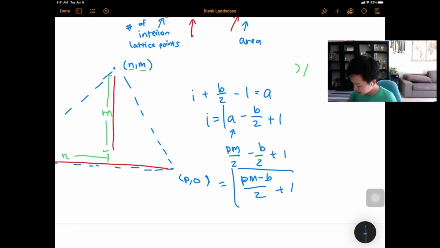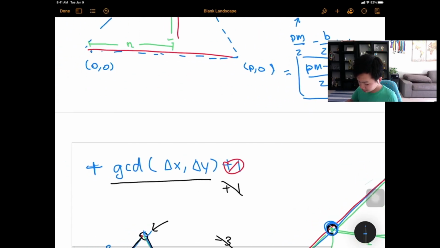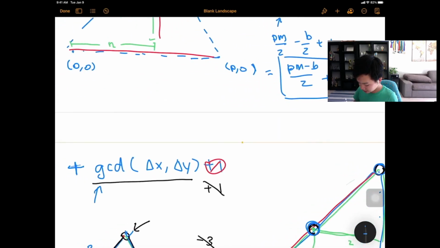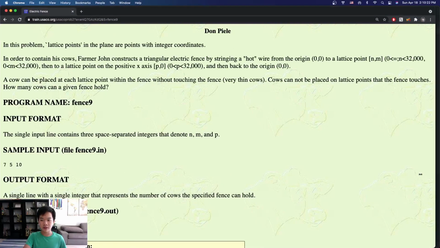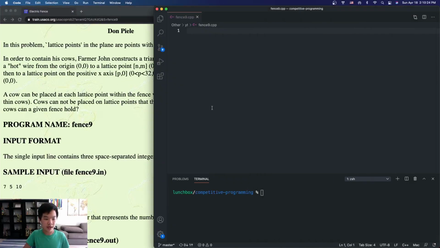So that's it. And for B, we know that we can find it based on finding the GCD, and that's going to be it. So let's get coding. All right, so here we have, let's get my template.